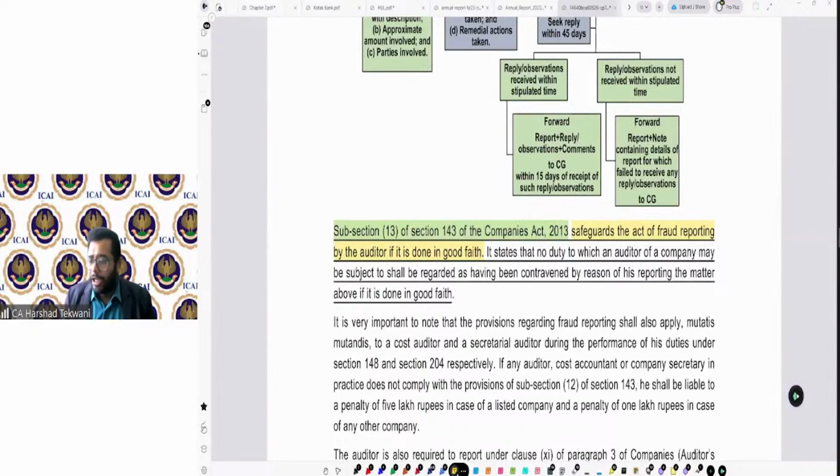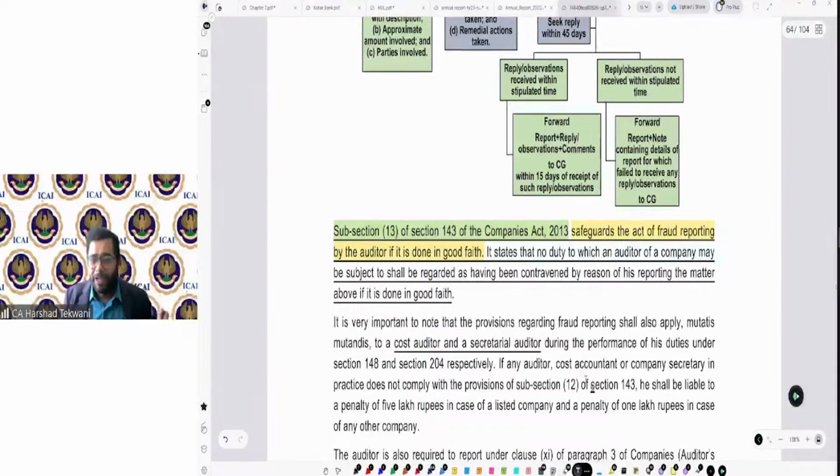143(14) and 143(15) both. Okay. 143(14) extends the application of fraud reporting to cost accountant and company secretary. So cost accountant and company secretary, that is the cost auditor and secretarial auditor, are also now part of fraud reporting. They are also required to do the fraud reporting.